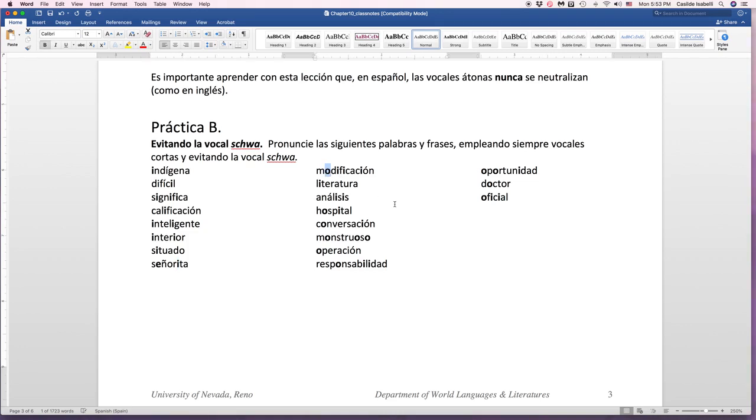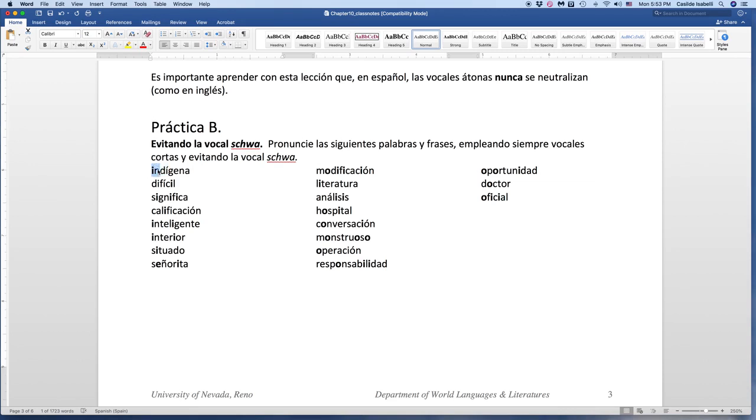And I want you to notice that in order for you to be able to pronounce all of these properly, you have to give each syllable that metronome tick. And not what we do in English. We say indigenous. We kind of focus only on the rhythm, the rhythm of the word that gets the stress.